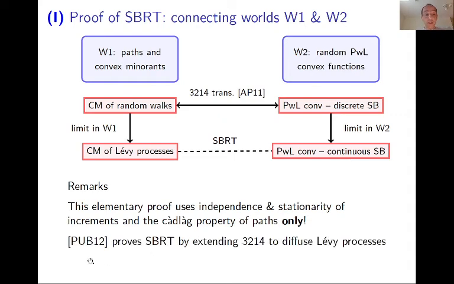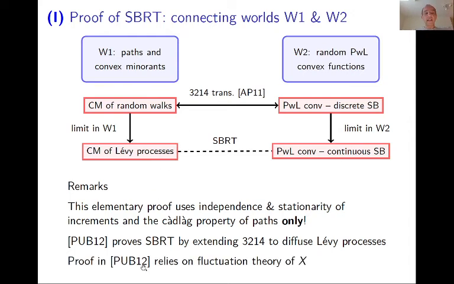Here we must mention the paper that in some sense started all this for us: Pitman and Uribe Bravo's paper that actually proves SBRT. It proves our main theorem in the case of diffuse Lévy processes, but they take the limit here in the middle, and that's very, very difficult, it turns out. They prove the convergence of the 3-2-1-4 transformation for Lévy processes.